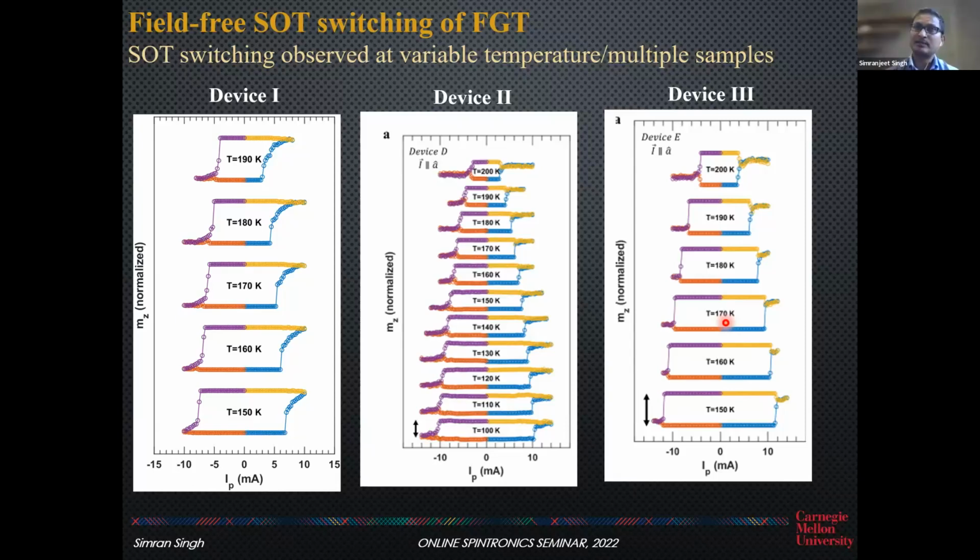Sorry, I'm not getting your point. So you're saying which layer of WTe2 is at the interface? Yes, at the interface between FGT and WTe2 you might get different symmetry breaking direction, polarity.